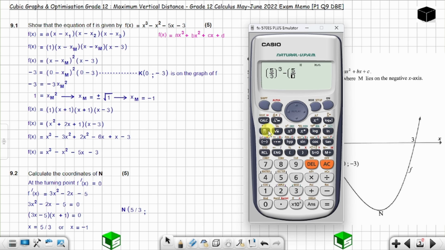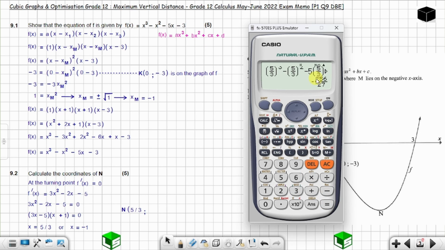So 5/3 squared minus 5x, x is 5/3, minus 3.